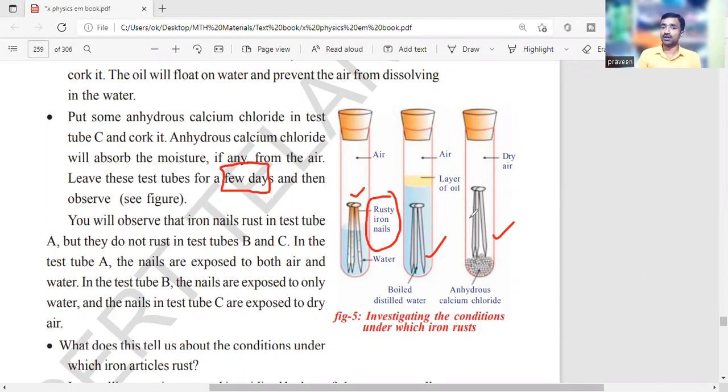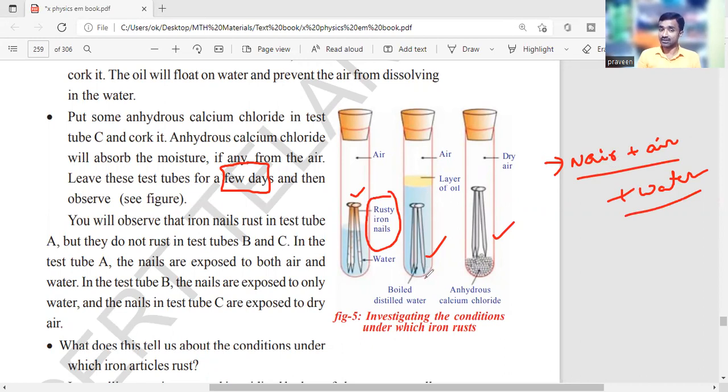Why may this be? Because the conditions provided are different here. What you notice especially in test tube A is that the nails are in contact with the air and also with water. So due to this reason, the rust formed, right?